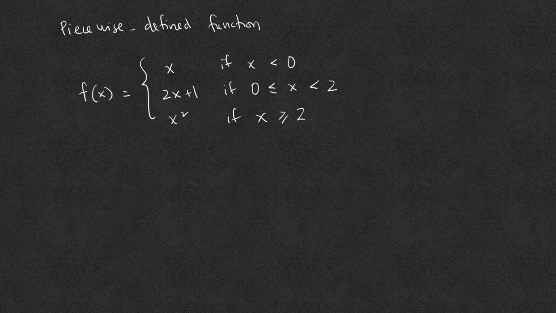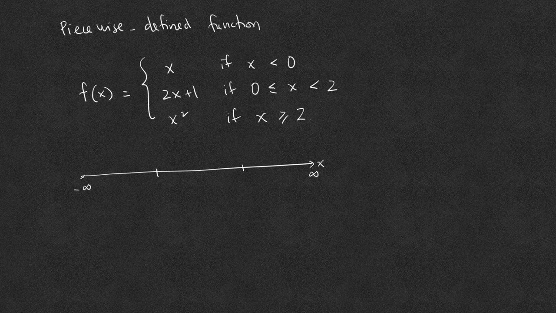To approach a piecewise function, we should always consider the restricted domain. In this case, there are three pieces, three formulas, and so there are three separate domains. On the real number line, x going from negative infinity to positive infinity, we would cut this into three pieces because there are three formulas, and we would label the break values.